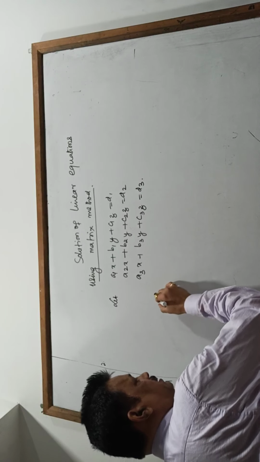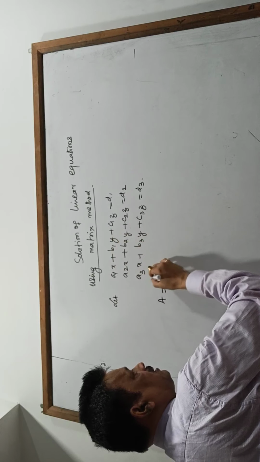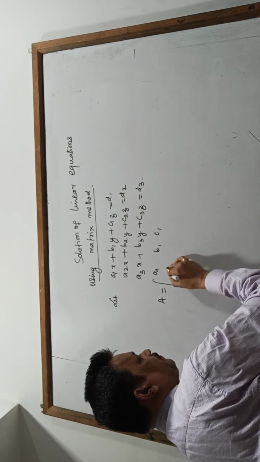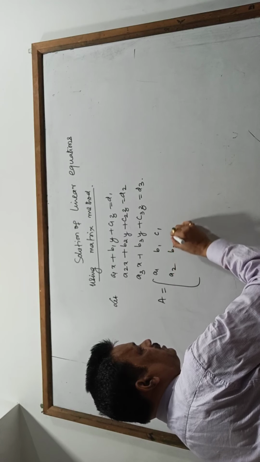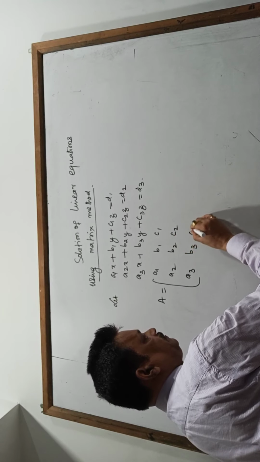Then we write, suppose the matrix A equals to the coefficients a1, b1, c1, a2, b2, c2, a3, b3, c3.